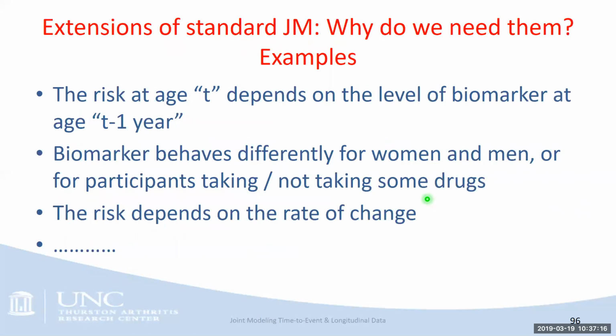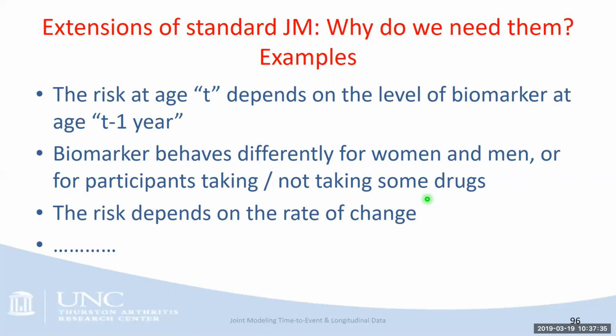So extensions of standard joint model, why do we need them? I will give you some examples. The first one: when the risk at time t depends on the level of biomarker at time t minus 1. When can it be useful?